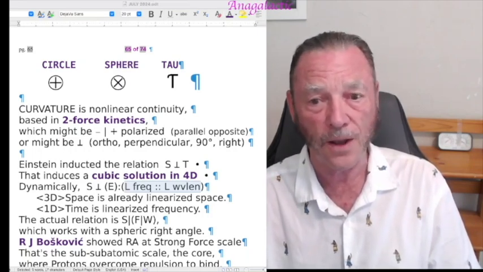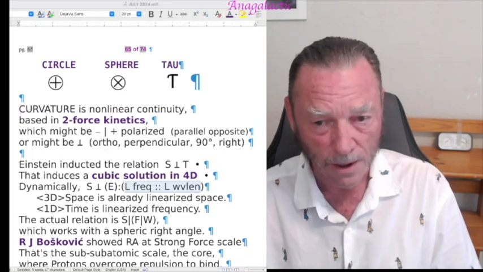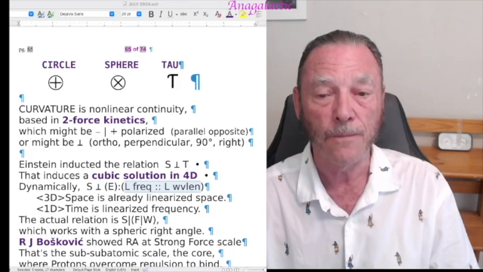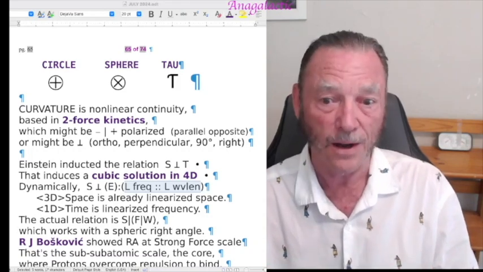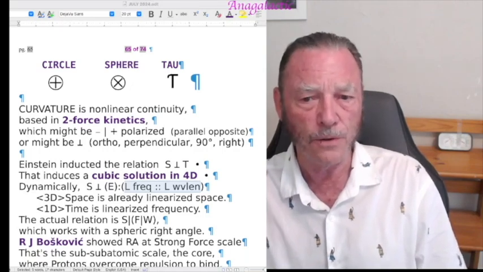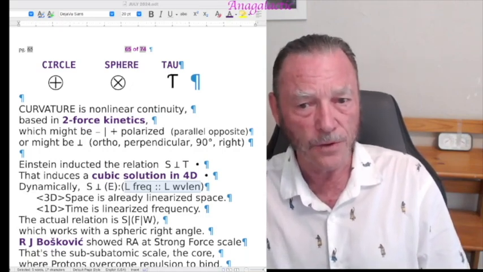So you need a spherical number system just to express it. Einstein could not figure that out. Nobody had been able to figure that out. Nobody ever would figure it out until I figured it out. So Albert used derivative space.